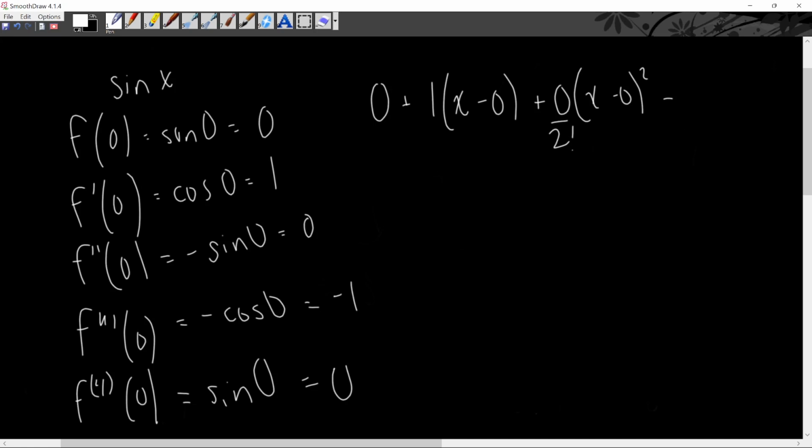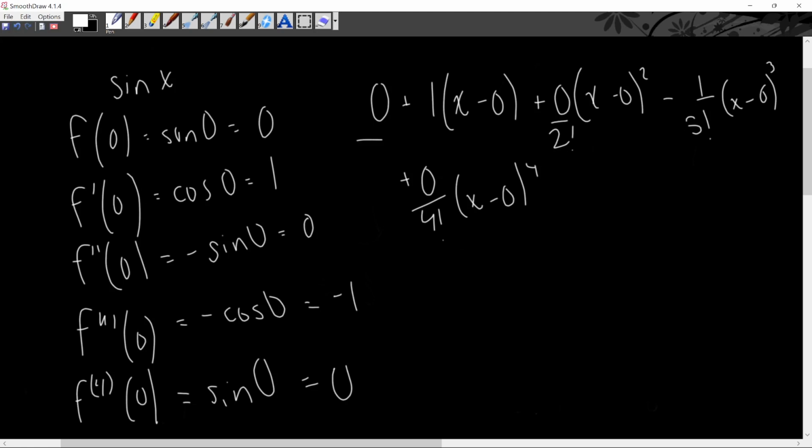And then minus 1 over 3 factorial times x minus 0 to the third power, and then plus 0 over 4 factorial times x minus 0 to the fourth power, right? Not to the literal fourth, but to the fourth power.